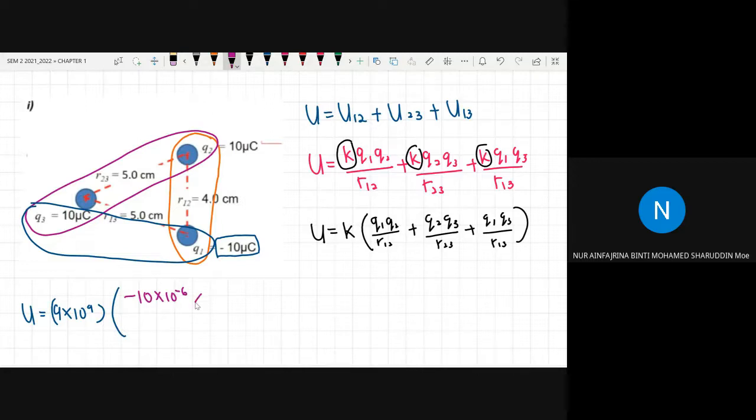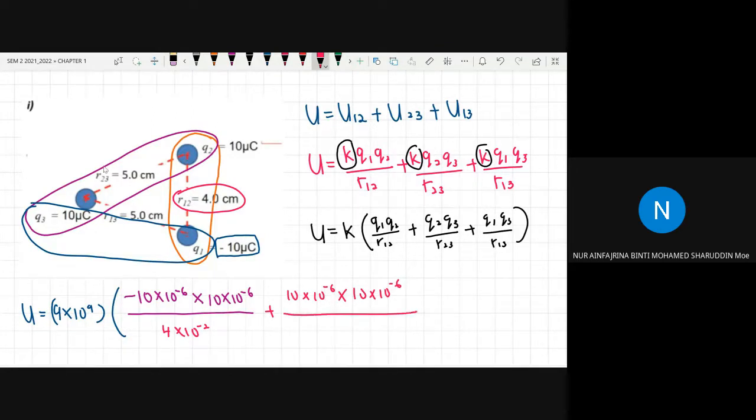Okay, so untuk charge 2 dia adalah 10 microcoulomb, so times 10 to power of negative 6. Dan jarak antara charge 1 and charge 2 adalah 4 cm. 4 times 10 to power of negative 2. Okay, now charge 2 10 microcoulomb and charge 3 pun adalah 10 microcoulomb.